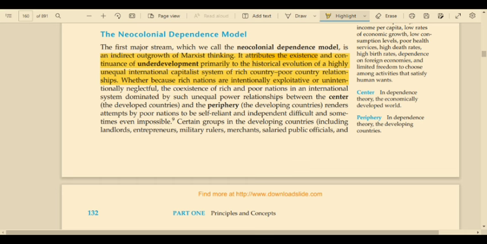Whether because rich nations are intentionally exploitative or unintentionally neglectful, the coexistence of rich and poor nations occurs in an international system dominated by unequal power relationships between the center and the periphery. They refer to the center as the developed countries and the periphery, those around it, as the developing countries.